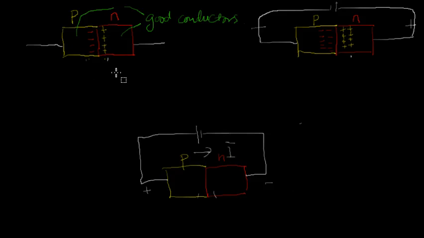Right, I would like to describe how the voltage changes across here, perhaps starting with this unconnected PN junction. So in this PN junction, this is not connected to any battery yet.